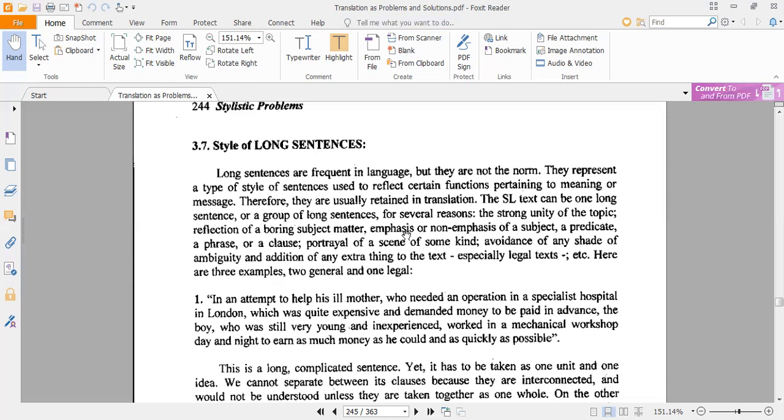Okay, one long sentence. Now, also, as the style of short sentences is used for a purpose, at the same time, the style of long sentences is used to reflect several reasons and several values, such as the strong unity of the topic.